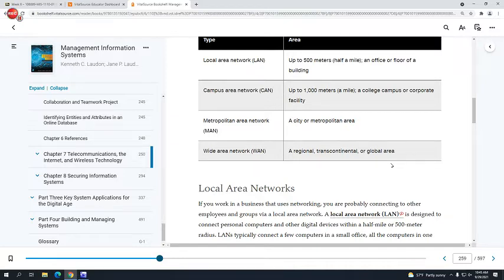So it's about a mile away, as the crow flies. It might be a little further than that, but that's what I would say we are, a campus area network. We used to be a wide area network because we also had networking between ourselves and a Texas and Florida campus.